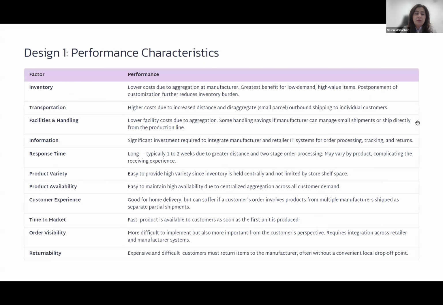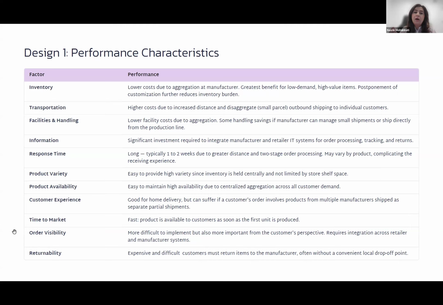So here's a table that shows the performance of this distribution network design. First four rows are the cost factors: inventory, transportation, facility, and information cost. And then the rest is what customer values.